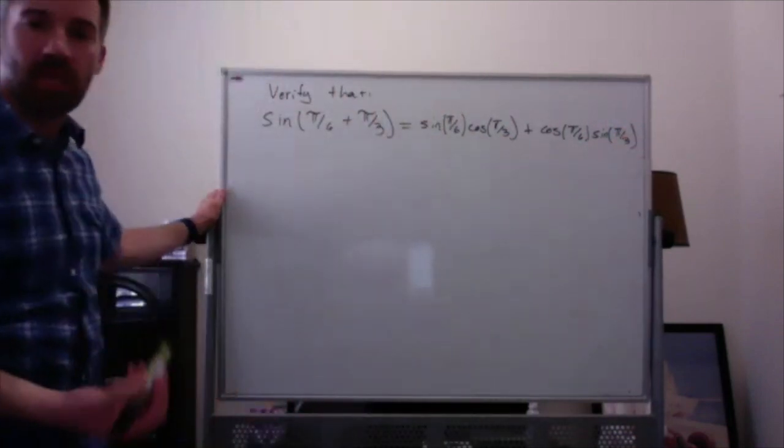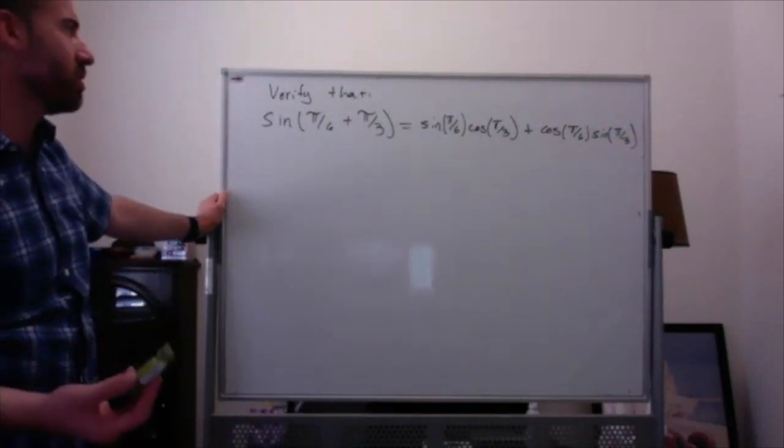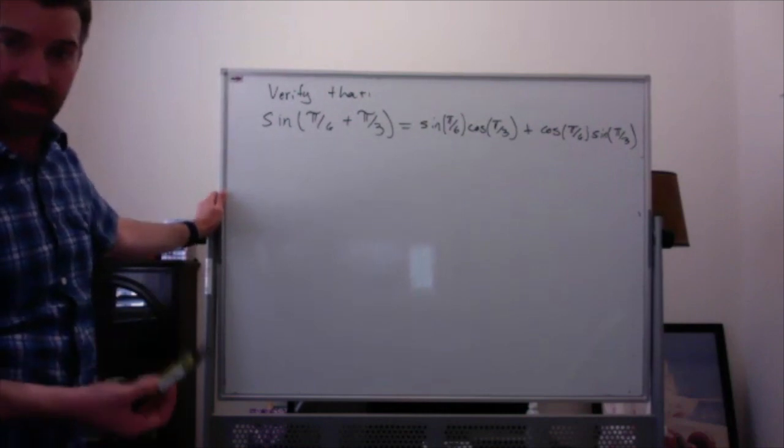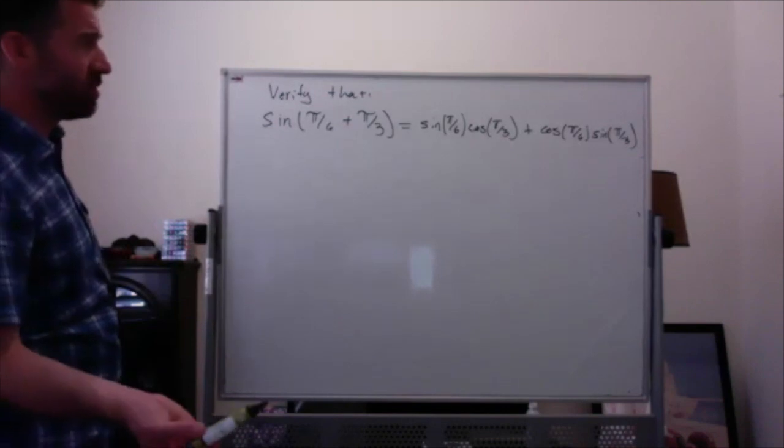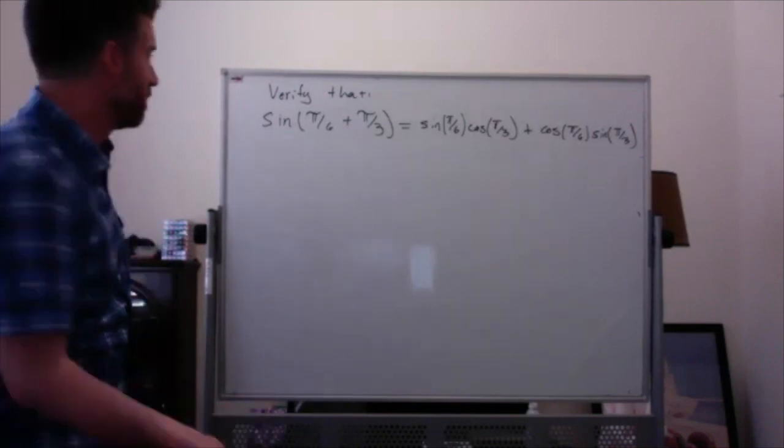This is leading us to what's called the angle sum identity for sine, which we will definitely talk about tomorrow. But for now, let's do an example and see that it's actually true.